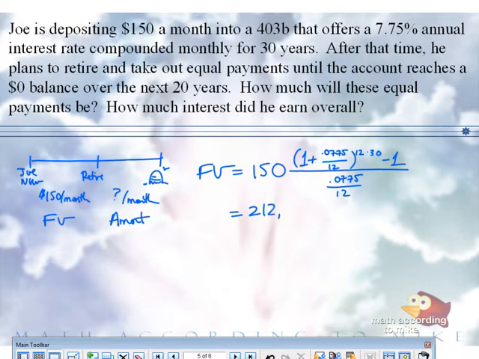Yep. Good. We'll have $212,528.07 in that account. So now Joe retires.